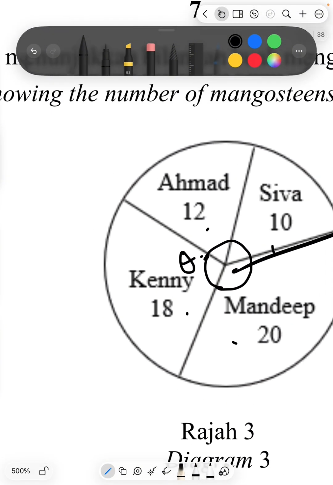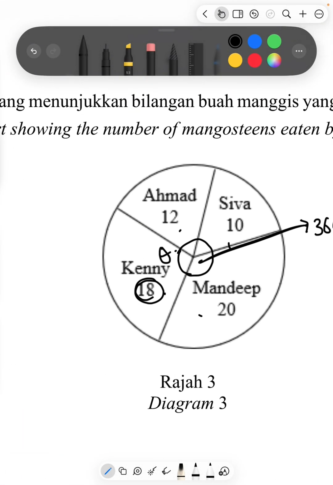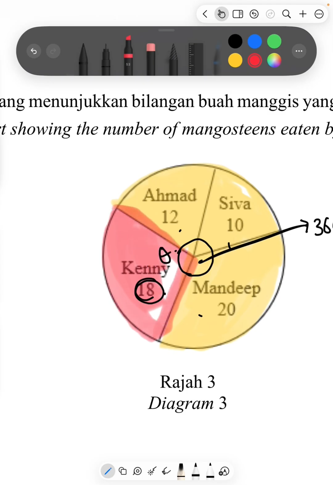Here 18 is Kenny. It's part of this circle, of this sector, and then we have Mandeep. In total it will form a complete circle, but obviously we're missing this because we want to find Kenny. So I'm going to exclude Kenny and make it red.